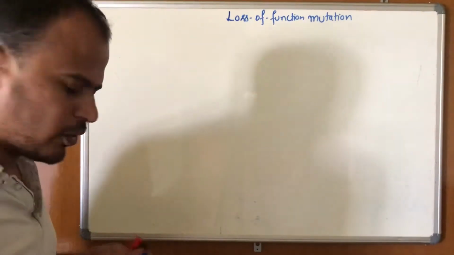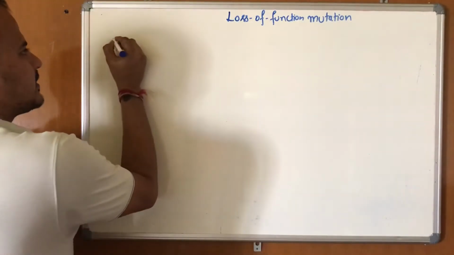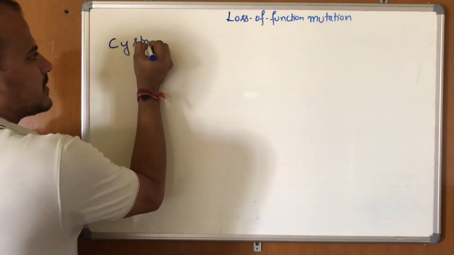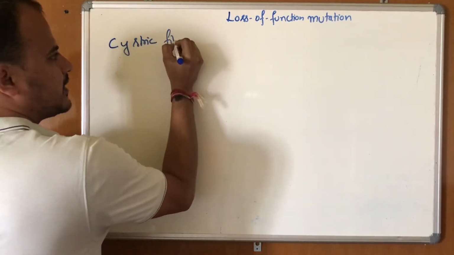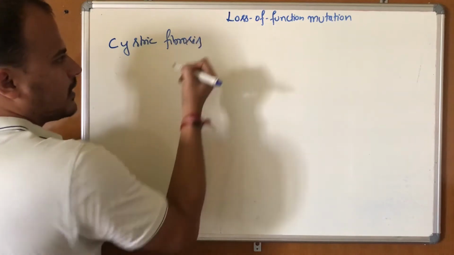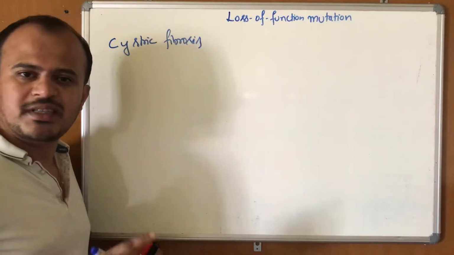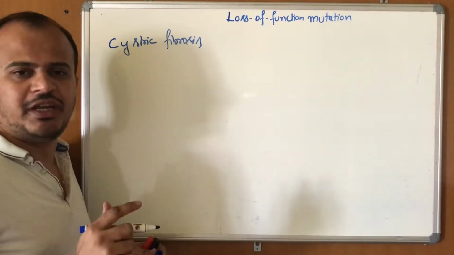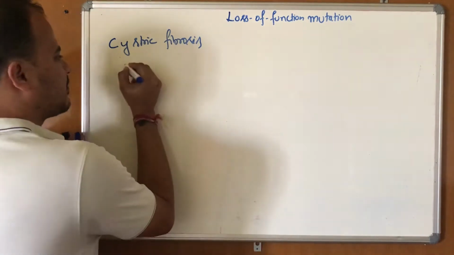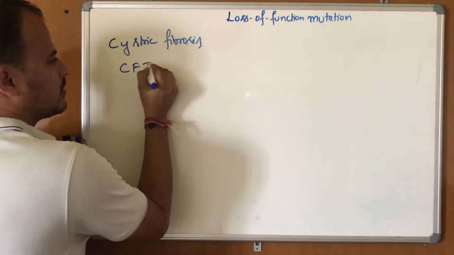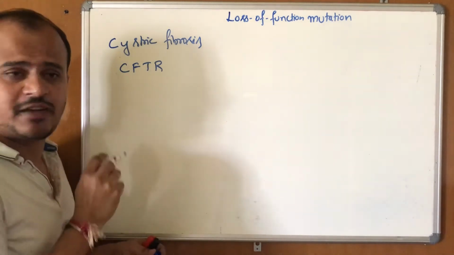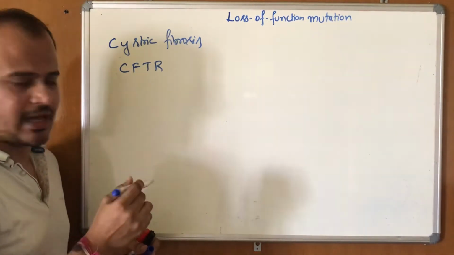As we all know, cystic fibrosis is a disease caused by a mutation in the gene CFTR. CFTR means cystic fibrosis transmembrane receptor.